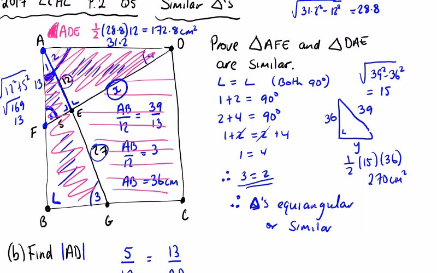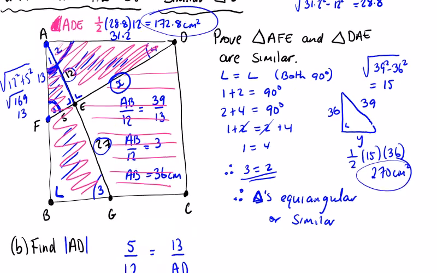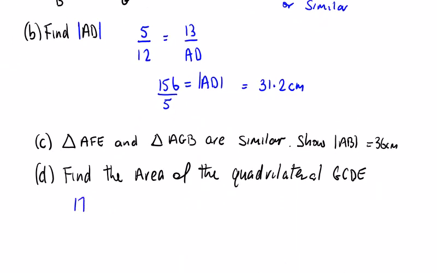So I got the area of the whole thing. I've 31.2 by 36 is the area of the whole thing. So let's just bring our numbers down. 172.8 and 270. And then we need to take these two away from the area of the whole thing, which was 36 by 31.2.